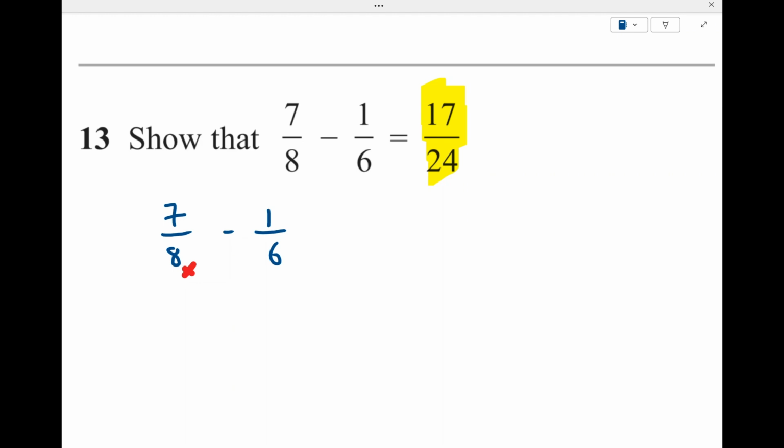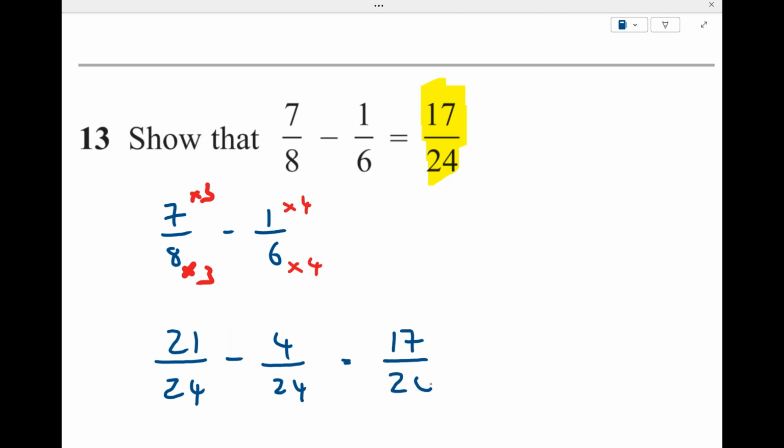That one by 3 and that one by 3. So that's going to give me 24 on the bottom. 7 3s are 21 minus. And to turn these sixths into 24, I'm going to times bottom by 4, so top by 4. So that will be 4 over 24. So it's 21 24ths minus 4 24ths, which is 17 24ths. Look at that, just like they said.